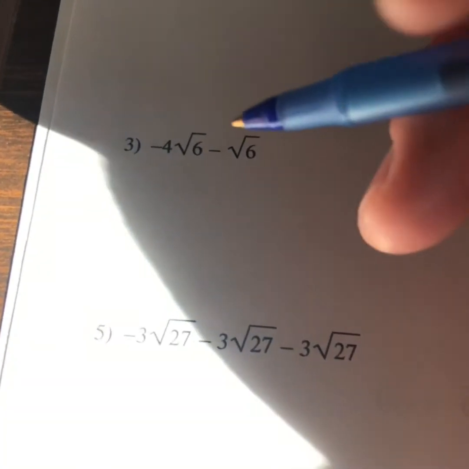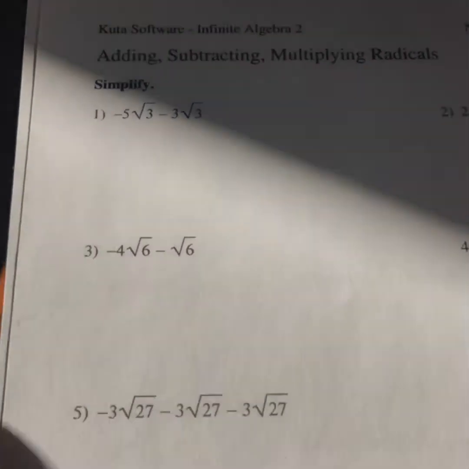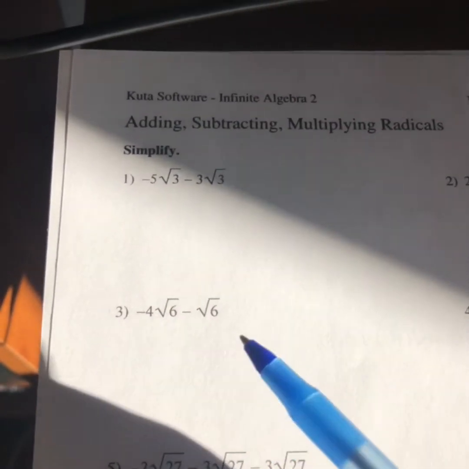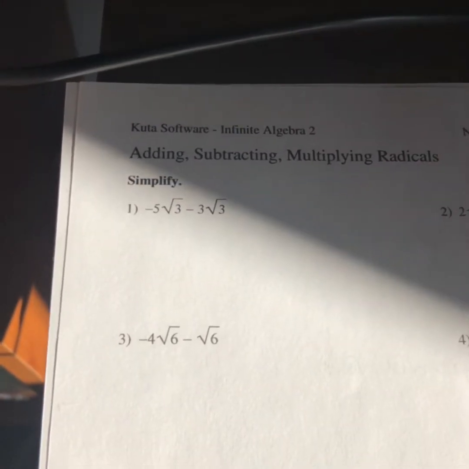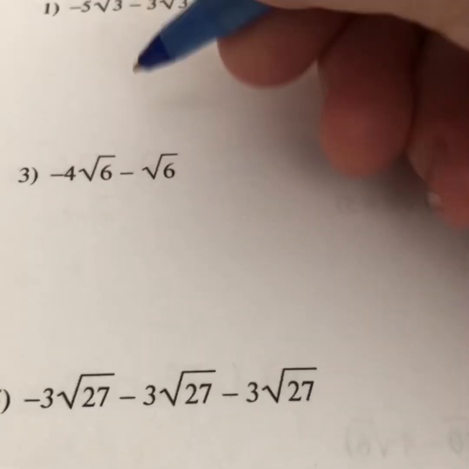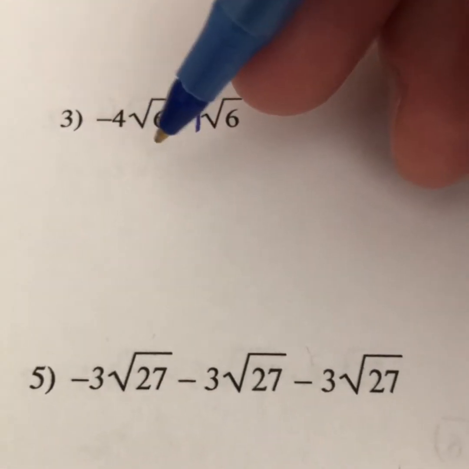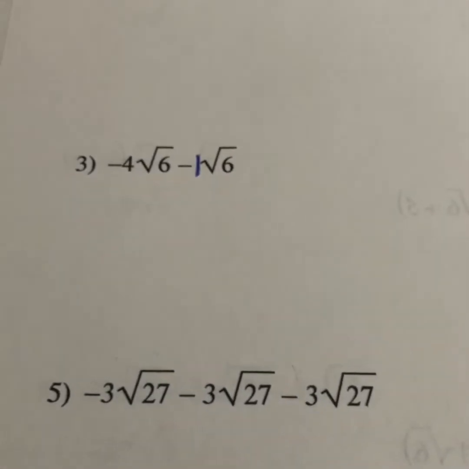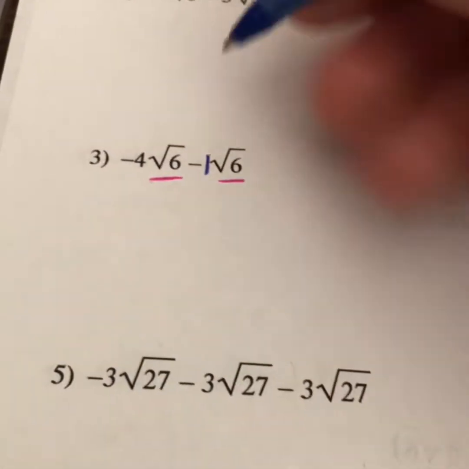So number 3, hopefully you guys can see we got a little bit of a glare here, but -4 radical 6 minus 1 radical 6. I'm going to add that 1 in here so I don't forget. And all I have to do is combine like terms. I like to underline my like terms.